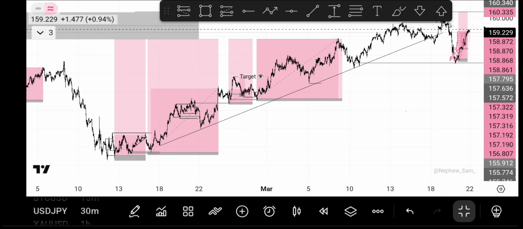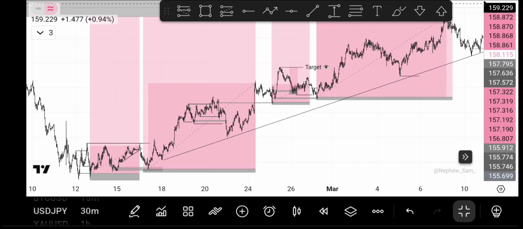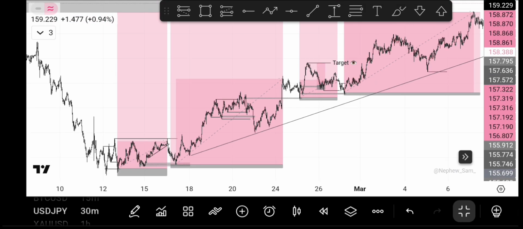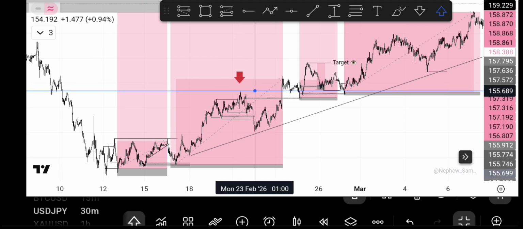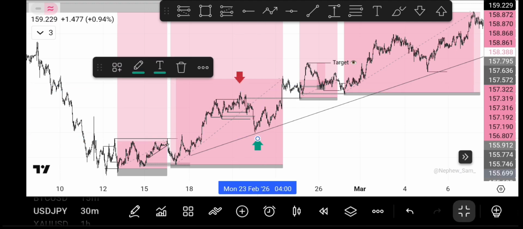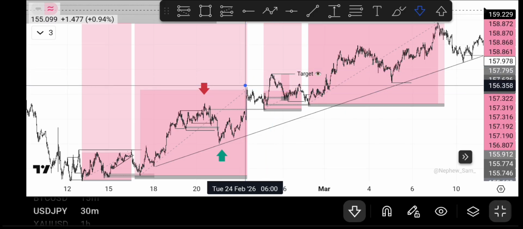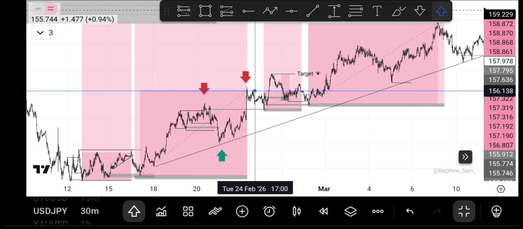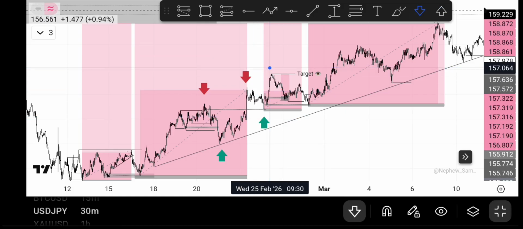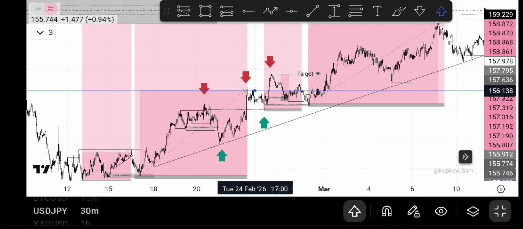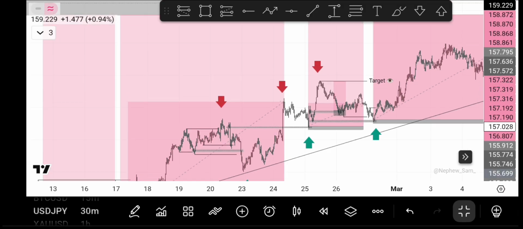Since we know it's an uptrend, we are looking for higher highs and higher lows. So for the bullish, we know this is a higher high, this is a higher low. Even this is a higher high, and this is a higher low, higher high and higher low. Now let's just stick with this first.